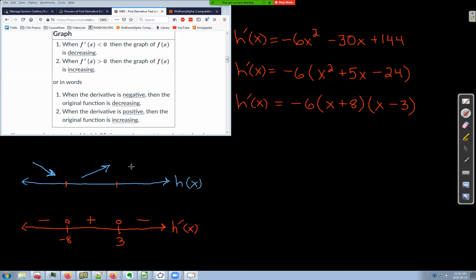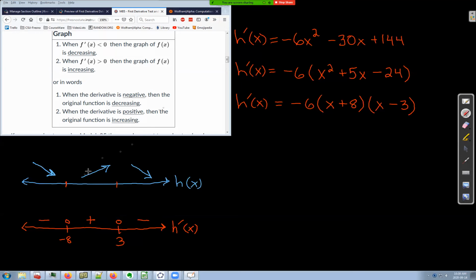And then finally, I draw another negatively sloped line here because the derivative is negative. So when the derivative is negative, the original function is decreasing. When the derivative is positive, the original function is increasing. So here's what I draw, and then you don't even need the first derivative test.